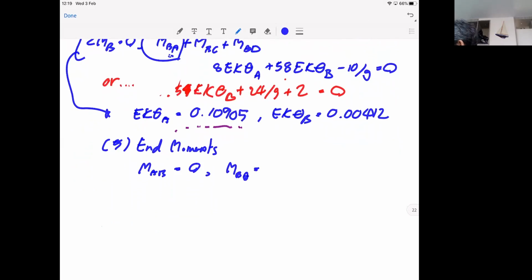MBA is 1.83 ton-meter. Let me erase that. It looks ugly, maybe confusing. Then make it better.